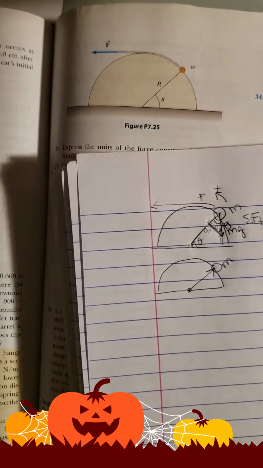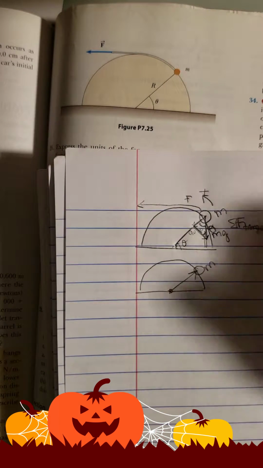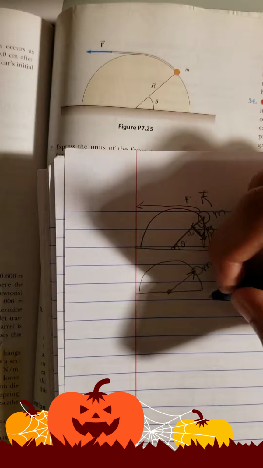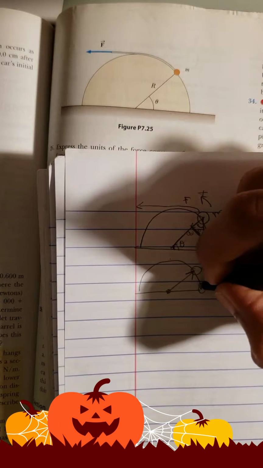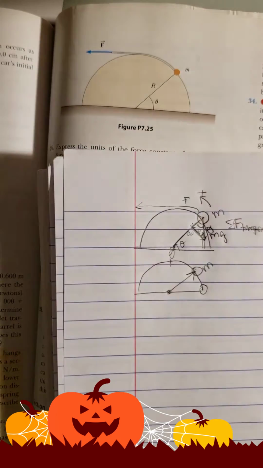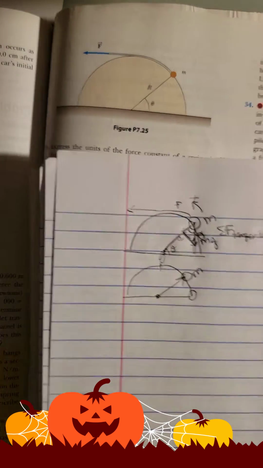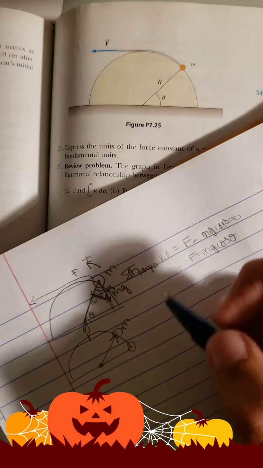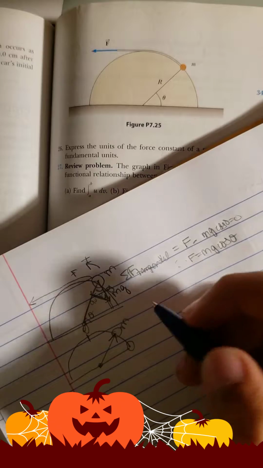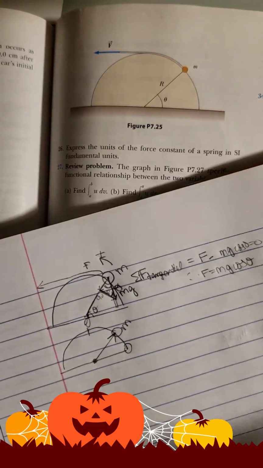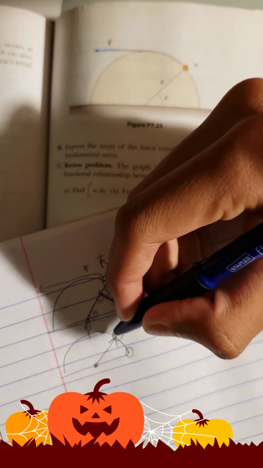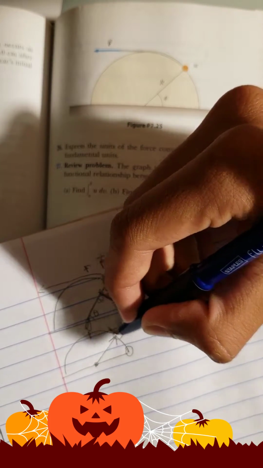They're asking us to find the work done when moving the block from here all the way up till here. Now we've already shown that the force acting on it is equal to mg cosine theta, and the force is always acting in this direction, right?